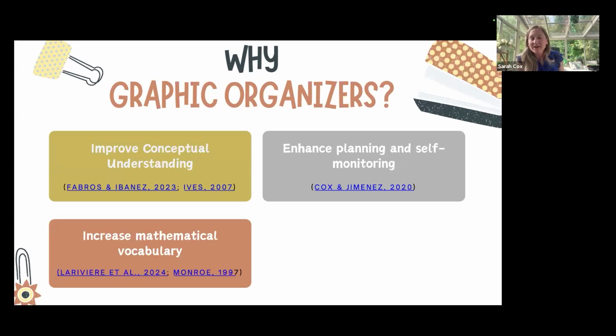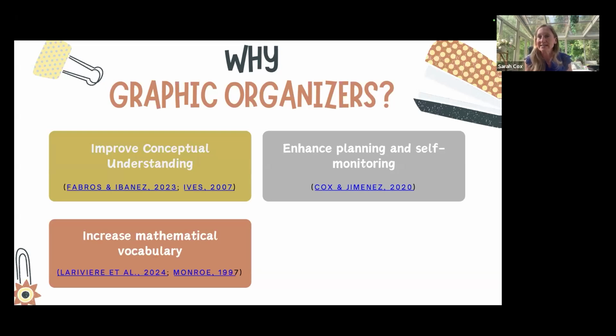The third area that graphic organizers can help with is the vocabulary piece specifically. As I mentioned, several hundreds of new words, in fact, are being introduced in mathematics, and so we can use graphic organizers to support this additional vocabulary for students.